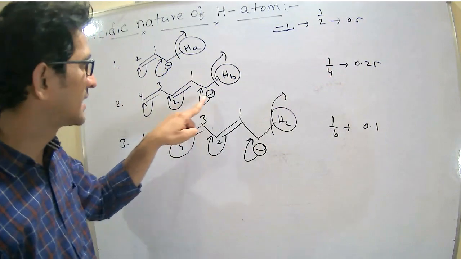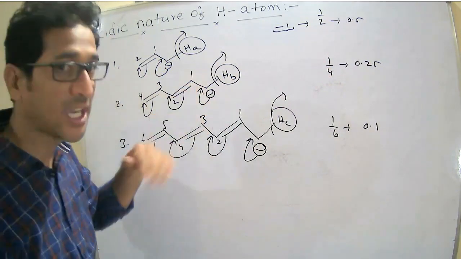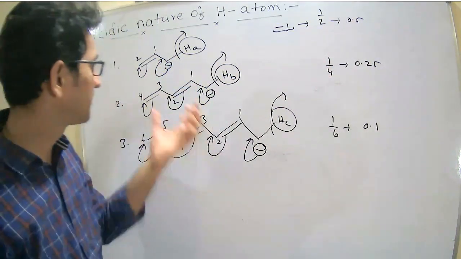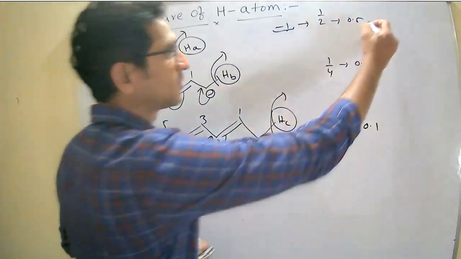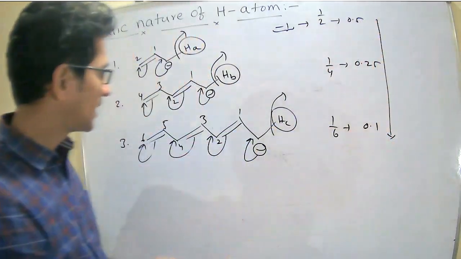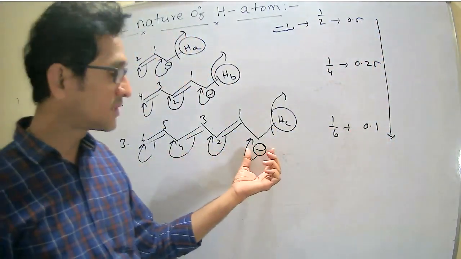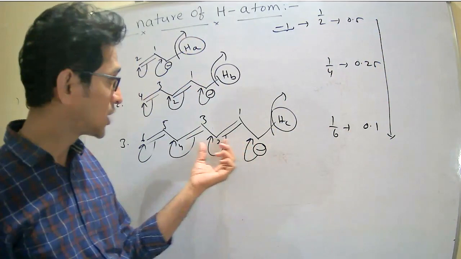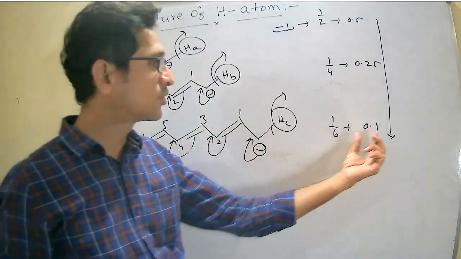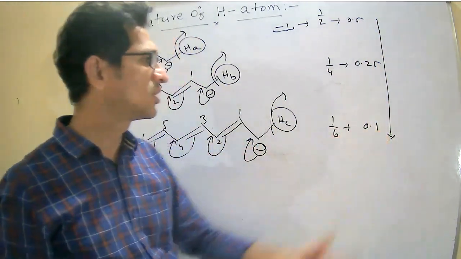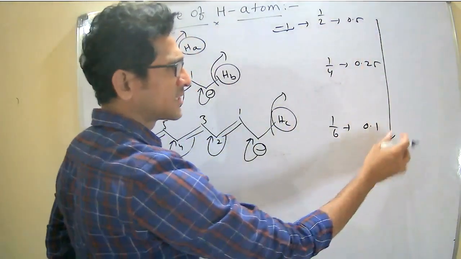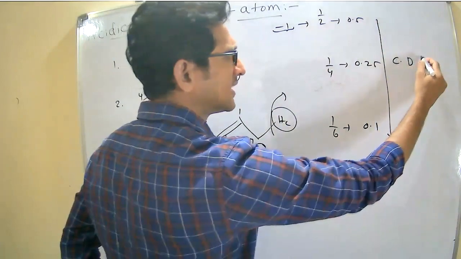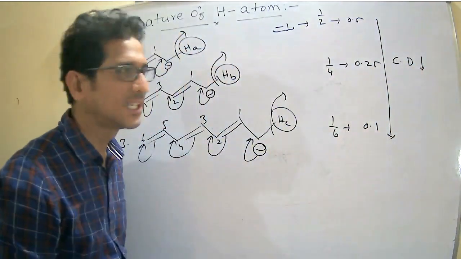In the second case, the same negative charge is shared by 4 carbons, so the charge density decreases further. In the last case, the negative charge is shared by 6 atoms, therefore 0.1. From top to bottom, charge density decreases.